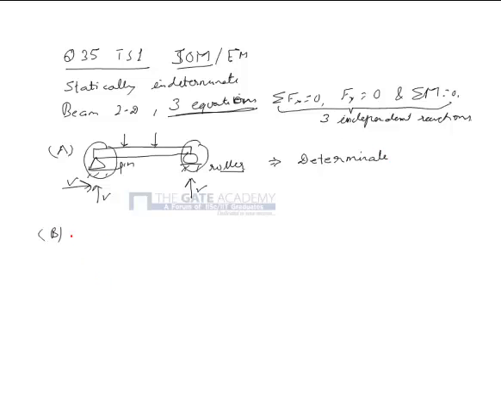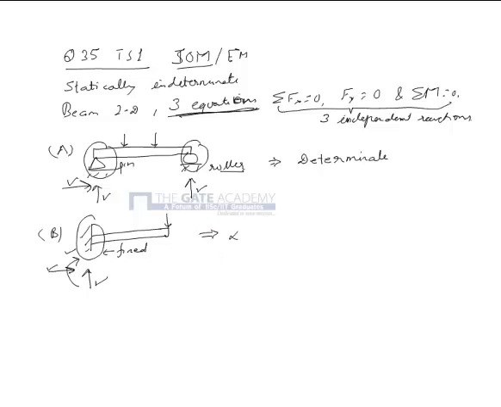Now case B. Case B is a cantilever beam with an end load. Cantilever has a fixed support. So the fixed support provides 2 force reactions, one horizontal and one vertical, and 1 moment reaction. So there are 3 independent unknown reactions and there are 3 equations.